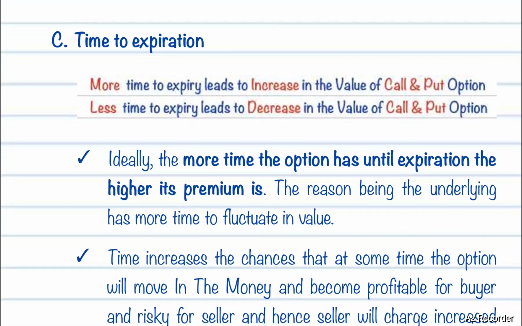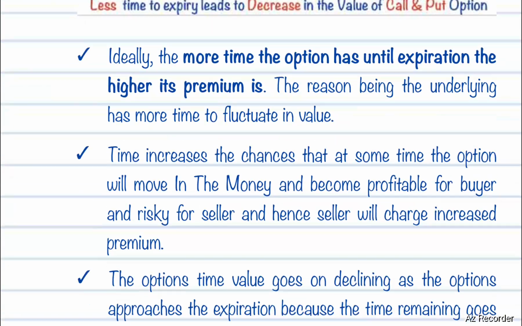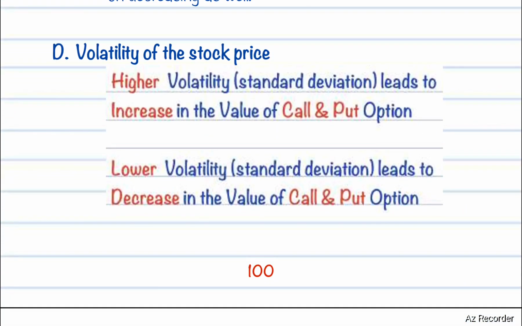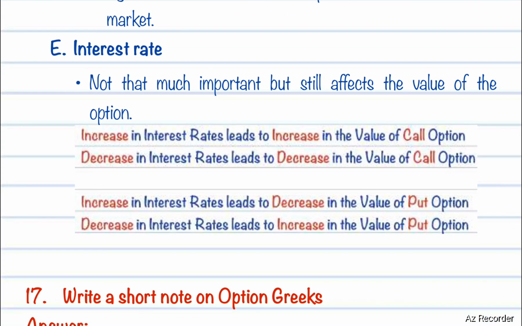Next, time to expiration. Time to expiration is directly proportional to call and directly proportional to put. Volatility. Volatility is directly proportional to call and directly proportional to put. Interest rate. Interest rate is directly proportional to call and inversely proportional to put.